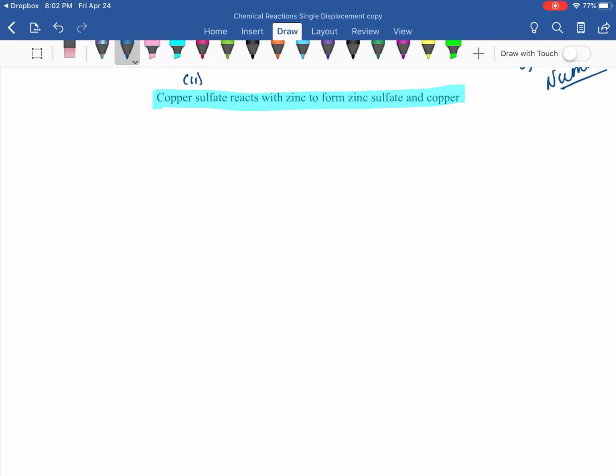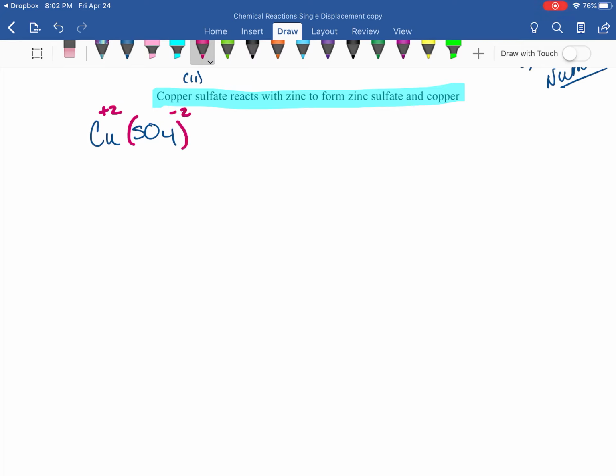All right, let's start. Let's take our copper sulfate. What's missing right away from this name is, which copper do we use? Let's go ahead and do the copper 2 sulfate for this one. Why is it important that we have the 2?